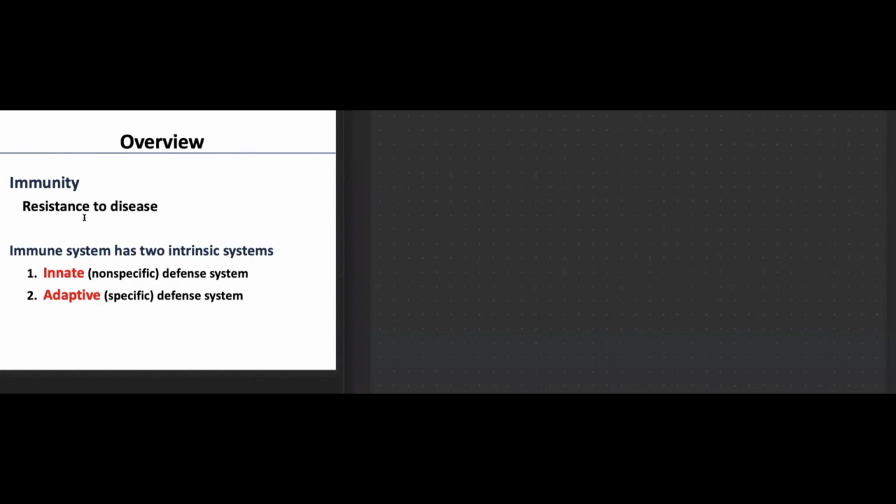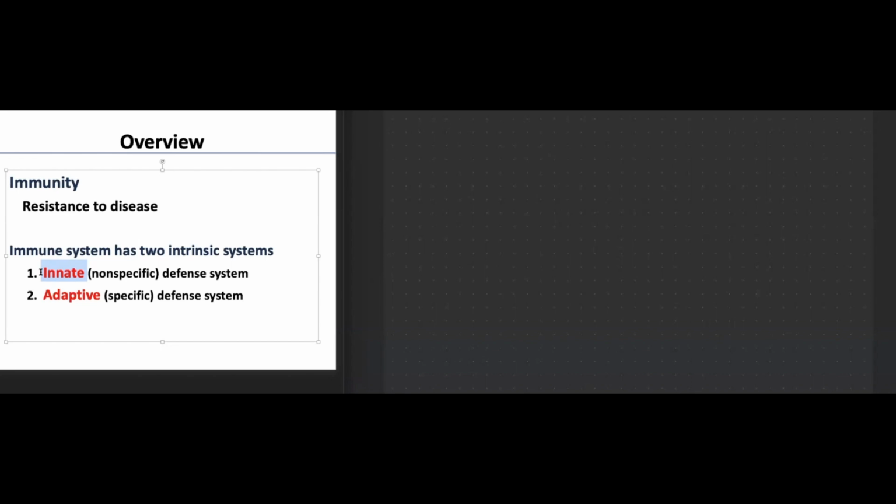All right, so first, what is immunity? Immunity is simply the resistance to disease. And the immune system has two intrinsic systems. We have the innate immunity, which is non-specific. It's going to be reducing the infection regardless of the type of infection.